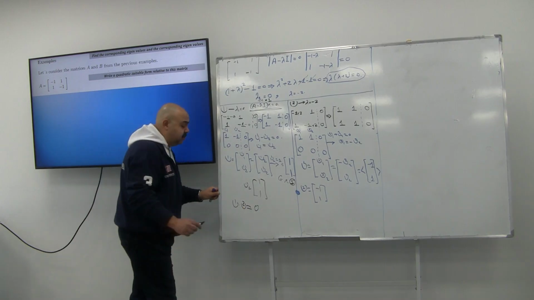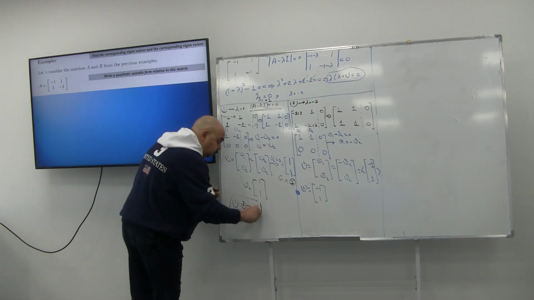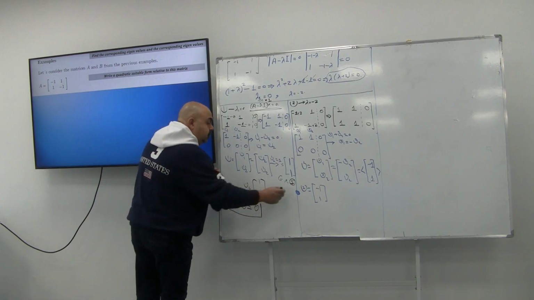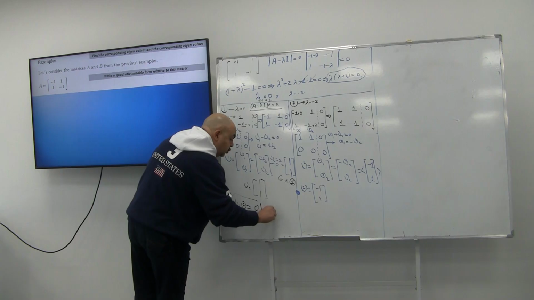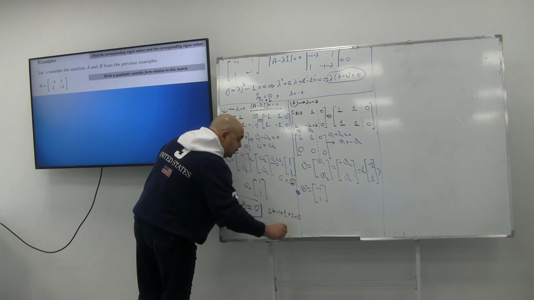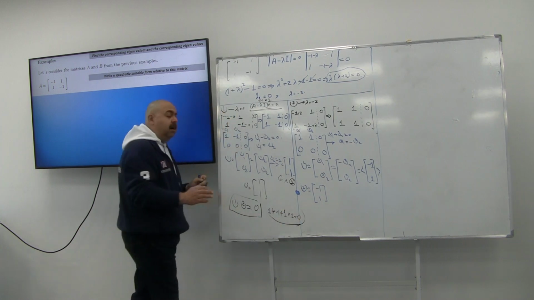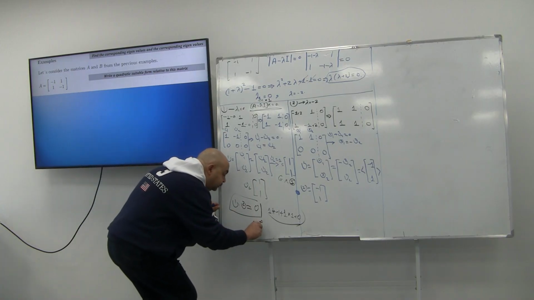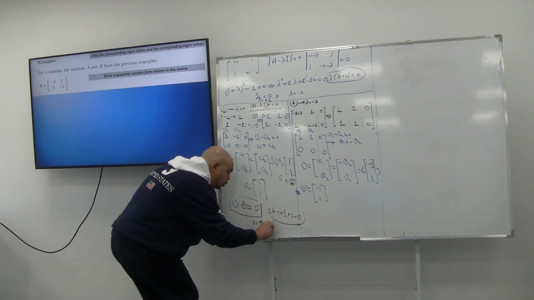And this is an inner product or a dot product. It's really very easy to check. All I have to do is multiply the corresponding components: 1 times -1 plus 1 times 1, and the result will be 0, which means they are orthogonal to each other. So this implies that they are orthogonal.